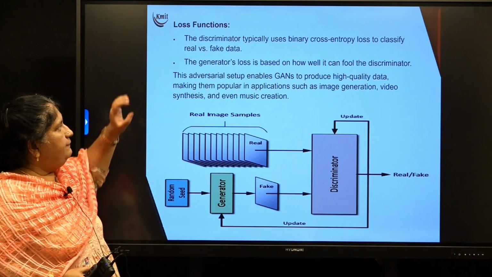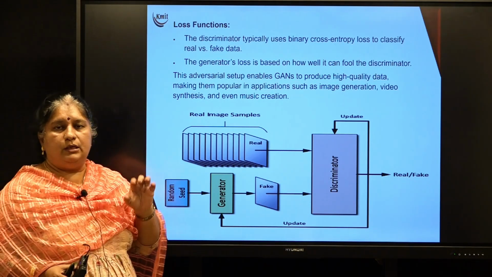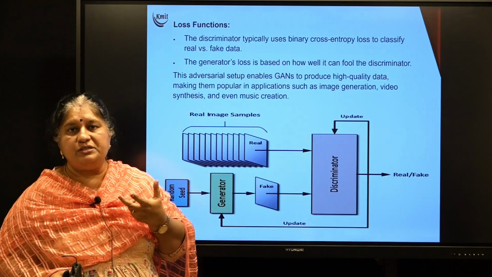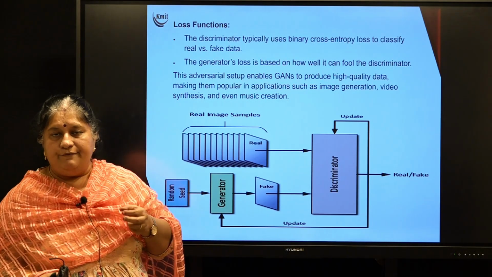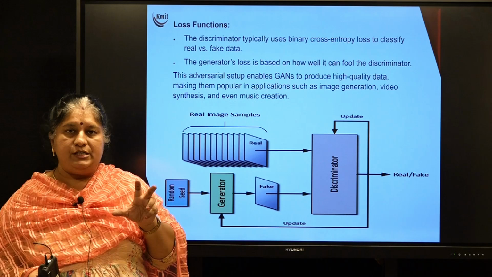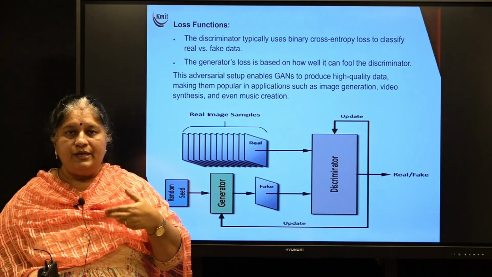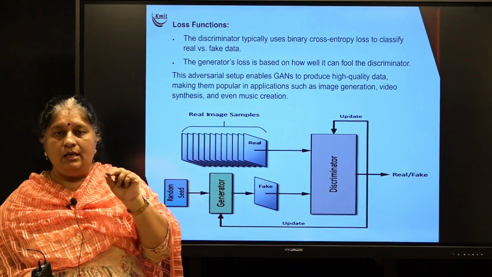Loss function: whenever you are trying to work with loss functions, it measures how best the generator is generating the data, wherein you are trying to reduce the difference between real data and the generated data. So the generator always tries to minimize the loss value.